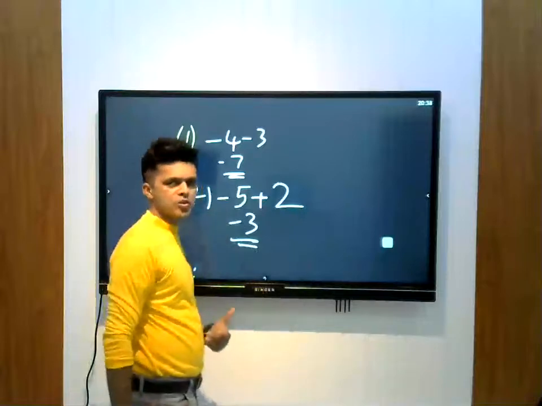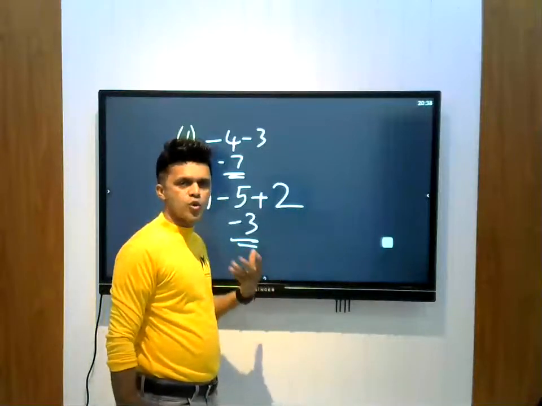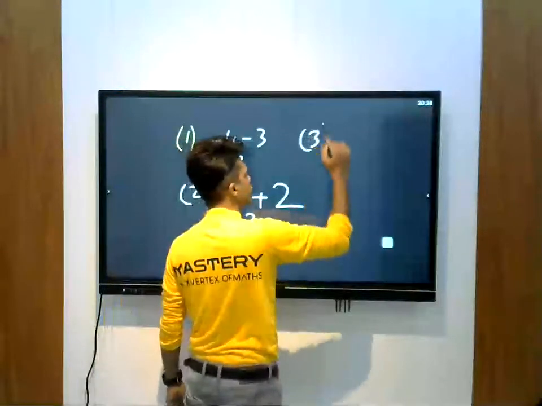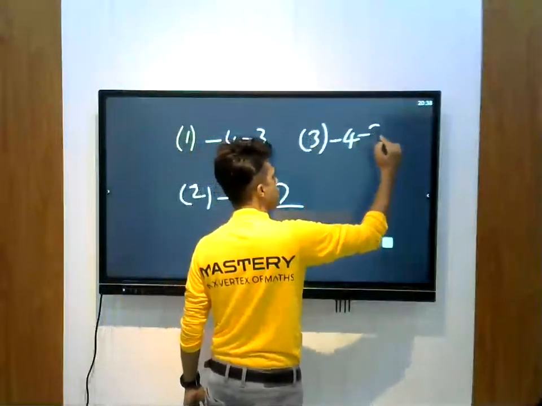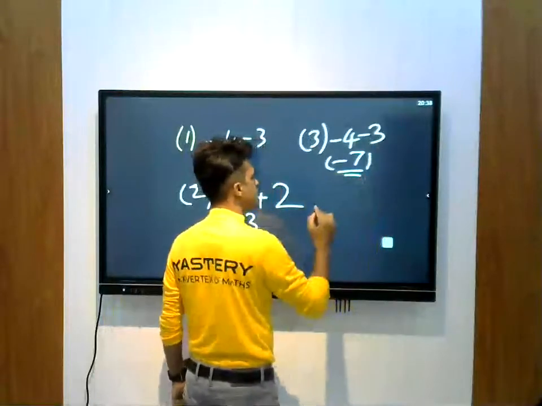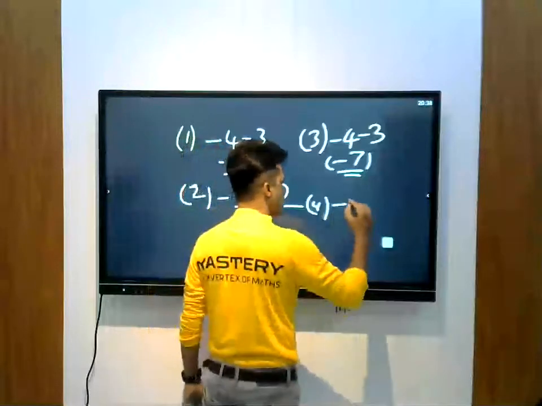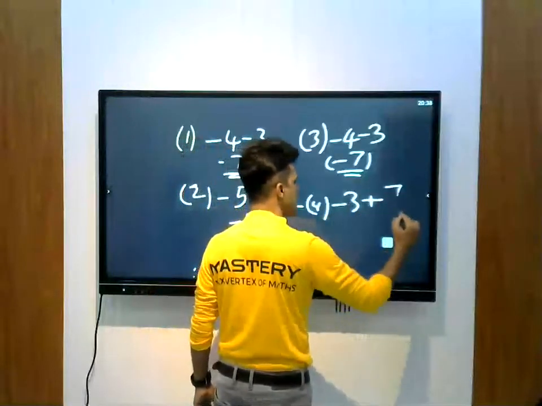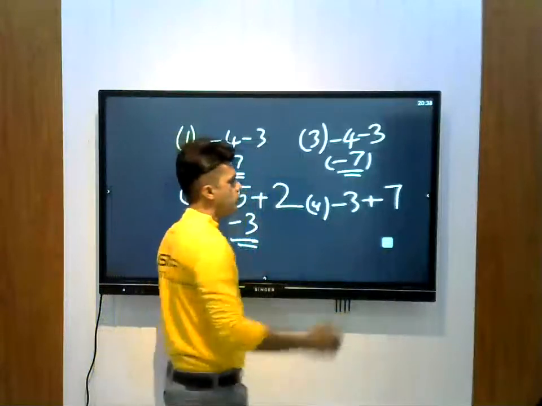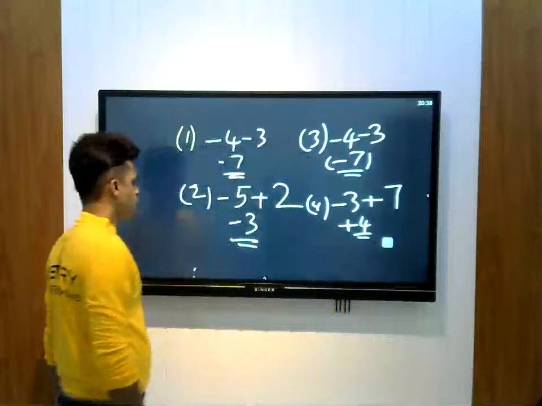I'm not teaching you these parts; we did them yesterday. So what is the answer of this one, minus 3 plus 7? The answer is plus 4.